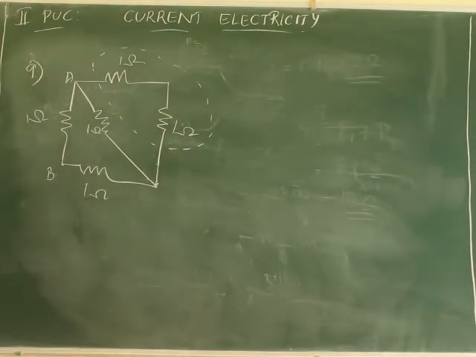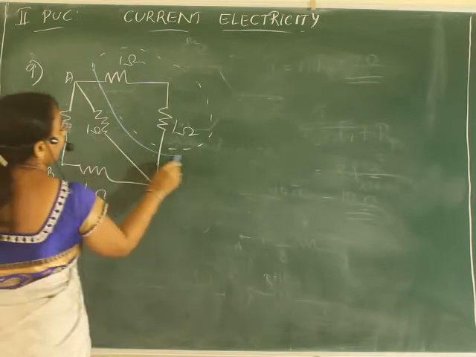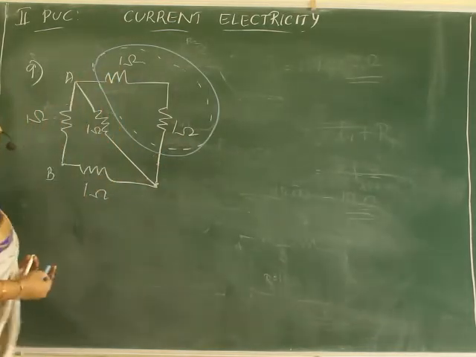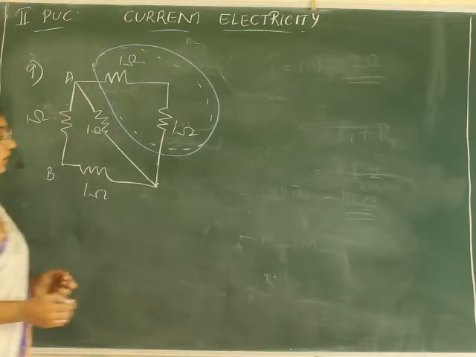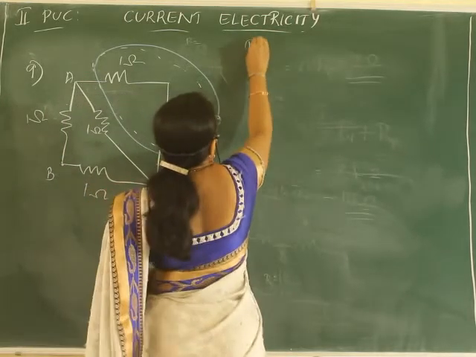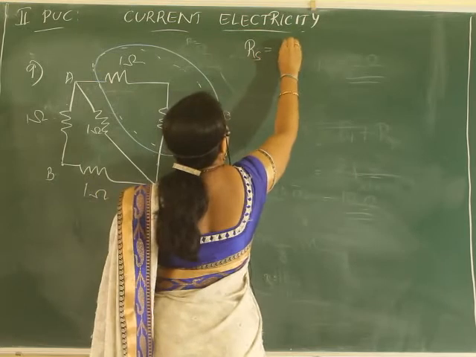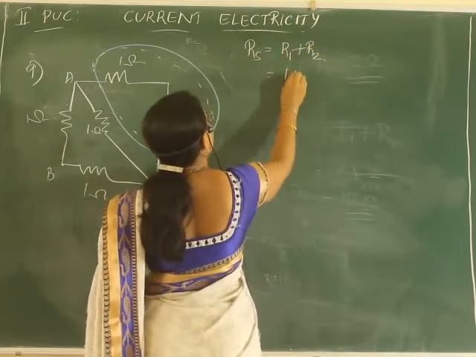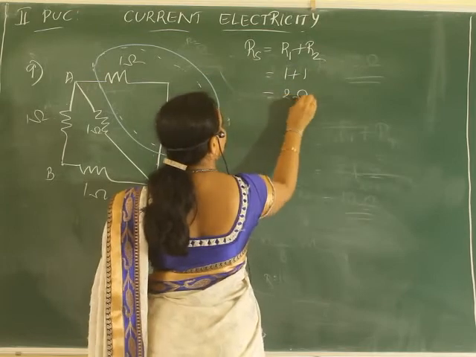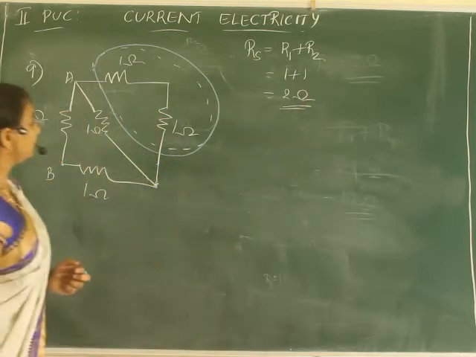Shall I use a color chalk? I'll use those two now. Okay? R1 plus R2. So what will I get? 1 plus 1 is equal to 2 ohm.